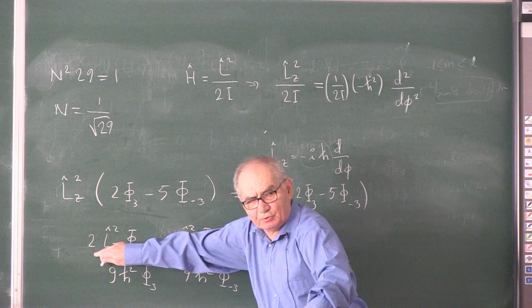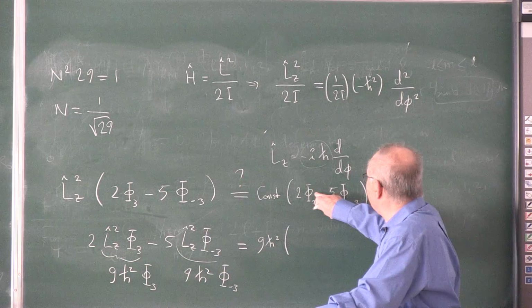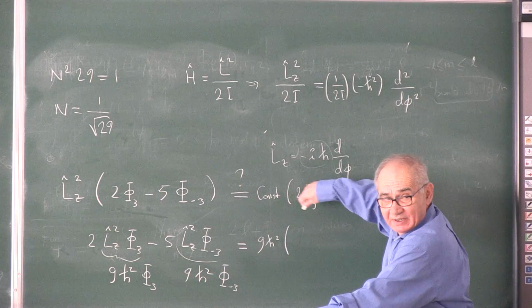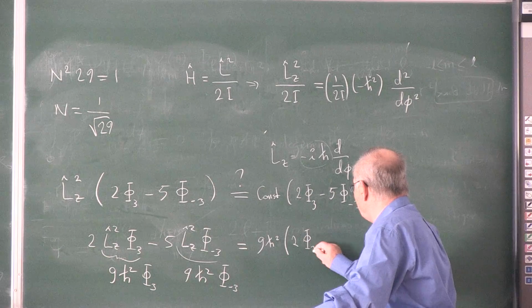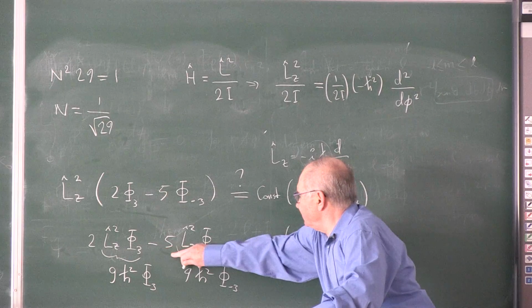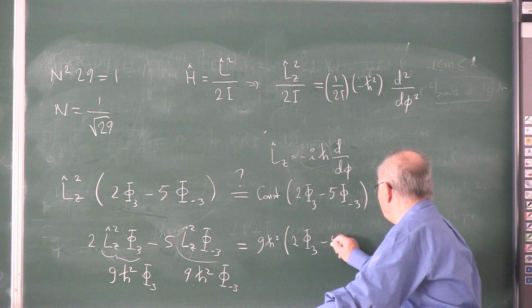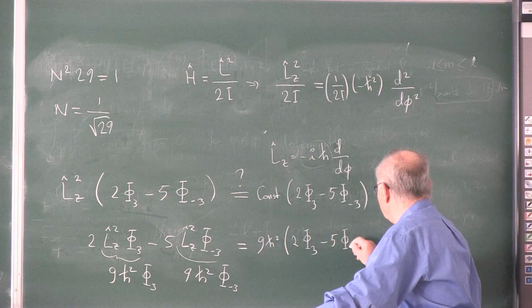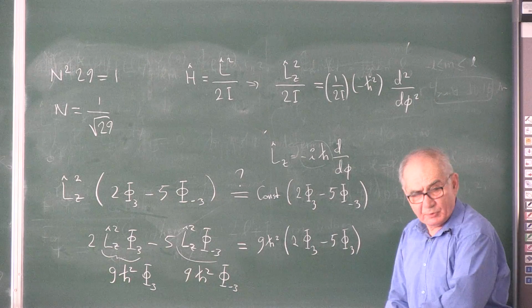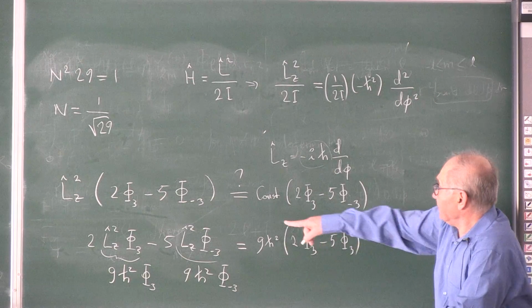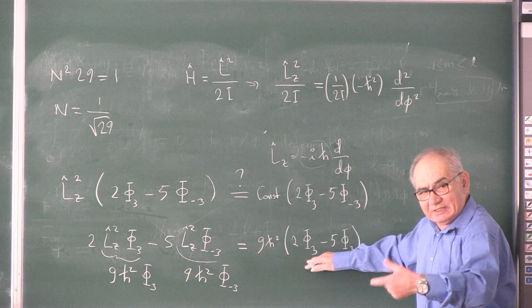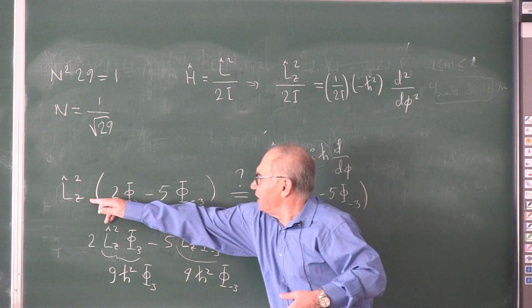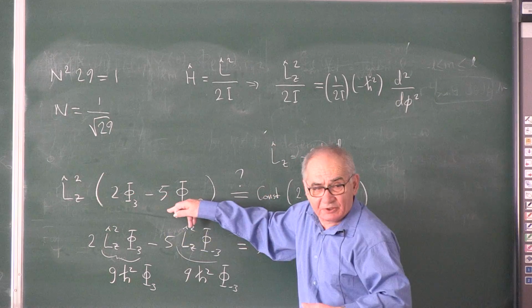Remember, I did not include the 2. I need this 2 because I have to compare with the right side. 2 times phi 3. And also there is this minus 5. All right. This is the simplified form of operating LZ square on the function.